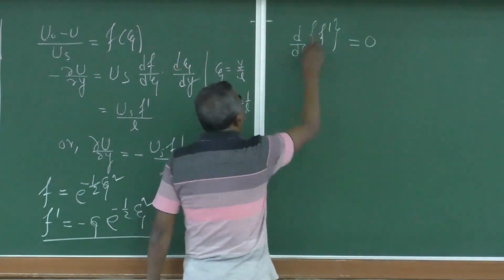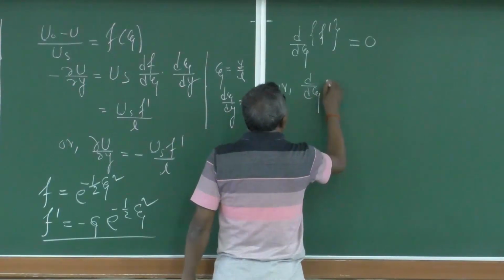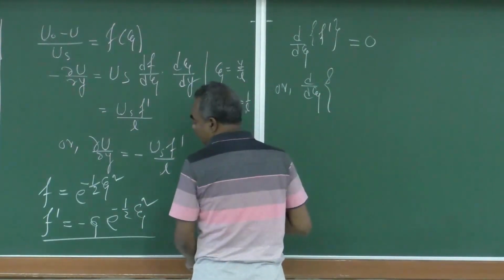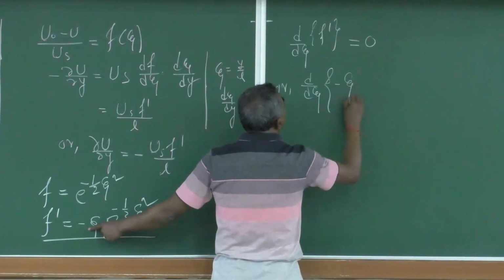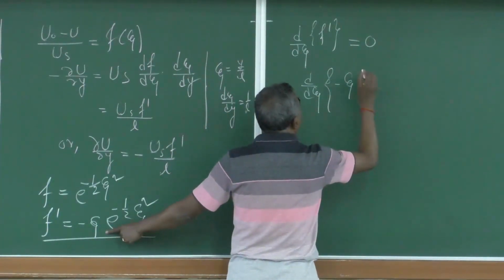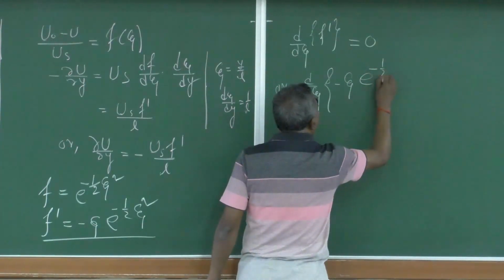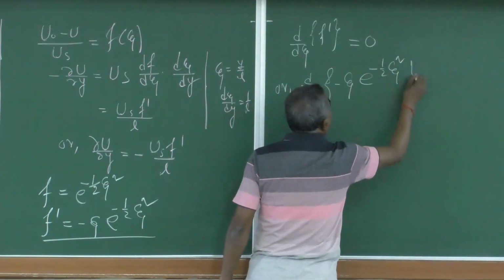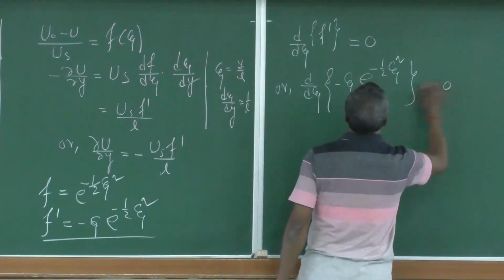So now, d by d xi of f prime is equal to what? Minus xi, exponential of minus half xi square, equals 0.